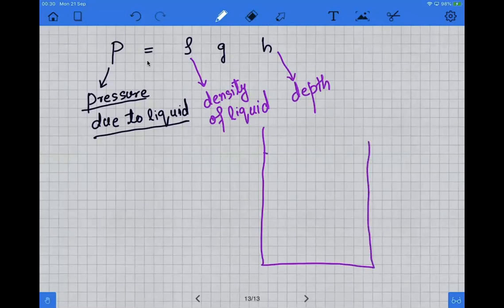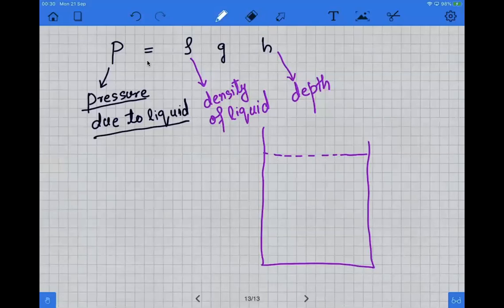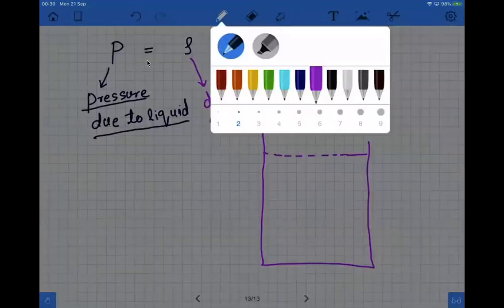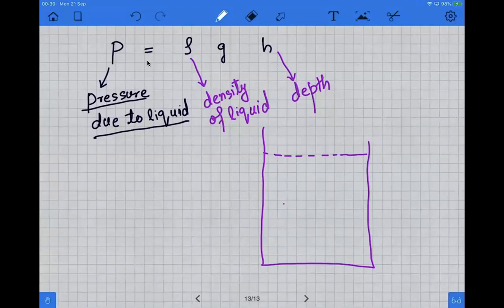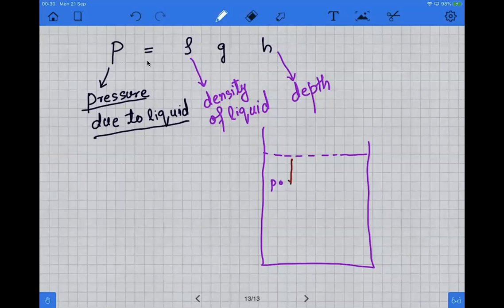For example, if this is the surface of the liquid and you find pressure at a point, for example, this is a point P here, then one important thing is that, for example, the depth is H1.